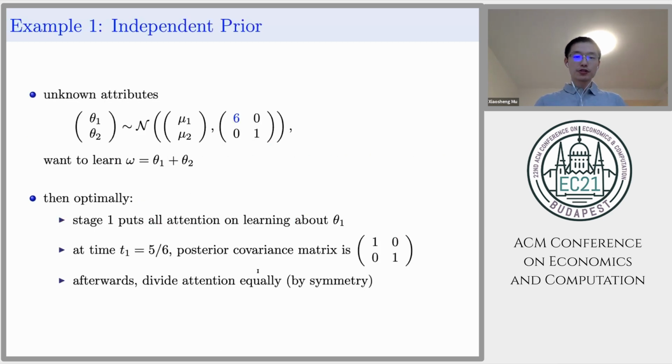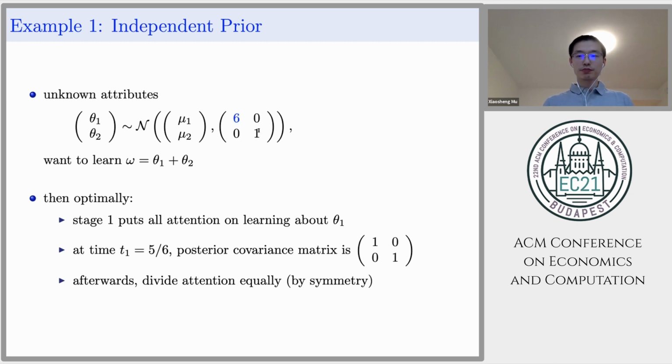So let me walk you through a couple of examples to illustrate this result. In the first example, we have two attributes that are independently distributed in the prior, but attribute 1 has a larger prior uncertainty, which is 6, compared to 1 for attribute 2.